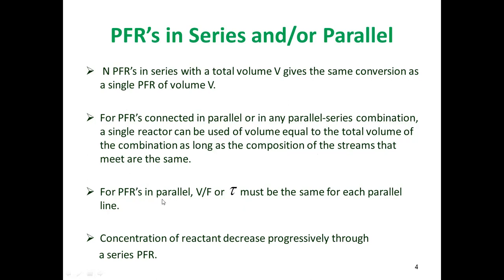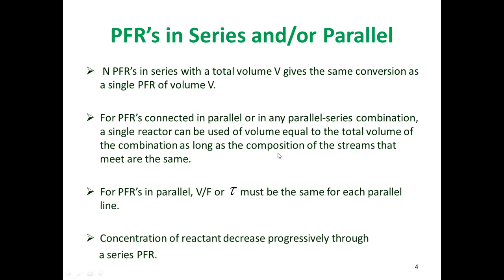Another thing, this one tells you that the composition of the streams that meet are the same in the case of parallel connections. Another thing that we should add there is that the ratio of the volume to the F, or the residence time, must be the same also for each parallel line.